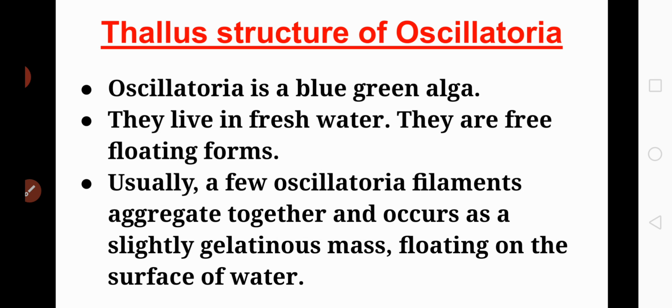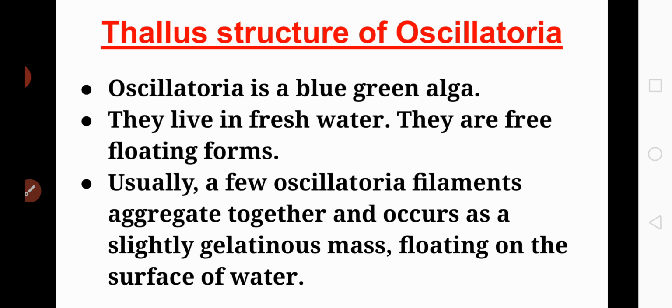Coming to the thallus structure, Oscillatoria is a blue-green algae. It is a member of cyanobacteria, and they live in fresh water, whereas Nostoc is found both in terrestrial as well as in aquatic habitats, right? Whereas Oscillatoria is found in freshwater habitat, and they are free floating forms.